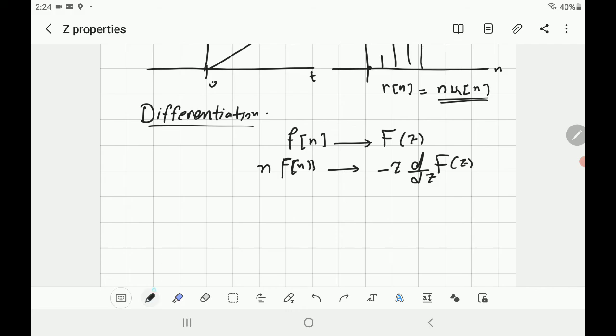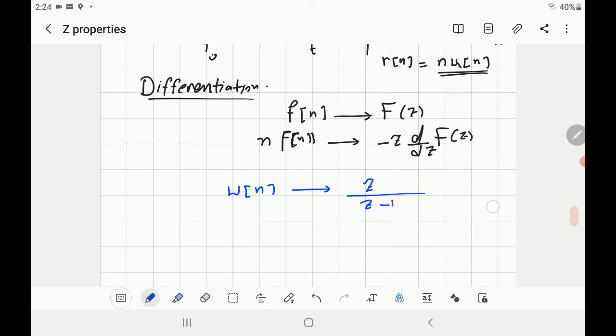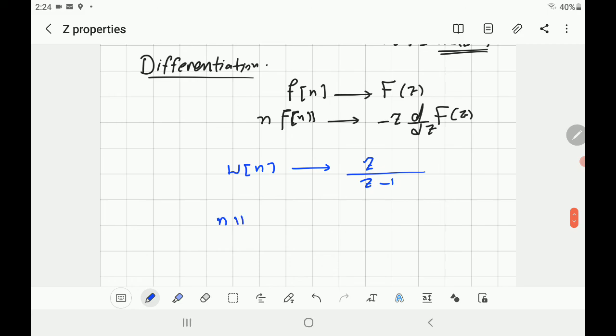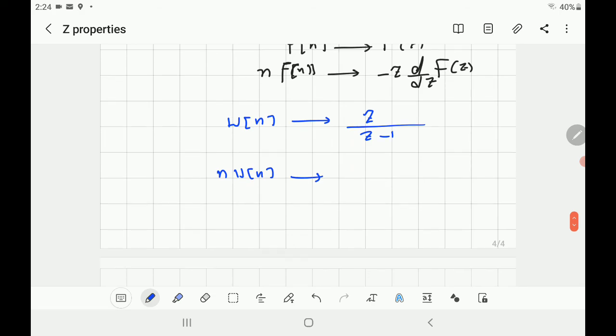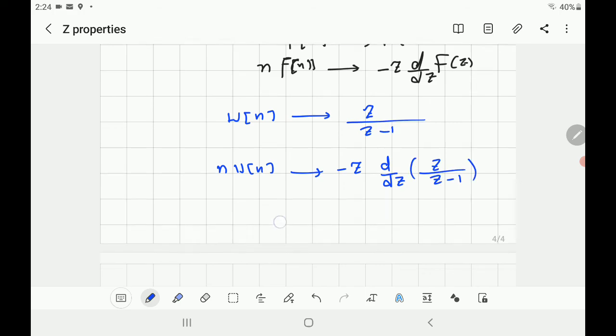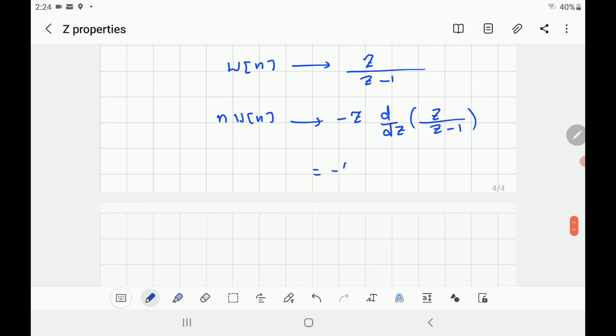All right. Well, it's u of n, the original one. The unit step gives us z over z minus 1. And if you multiply it by n, which is the ramp, you are going to differentiate and multiply by minus z. So you want to differentiate with respect to z, z over z minus 1, and multiply by minus z.